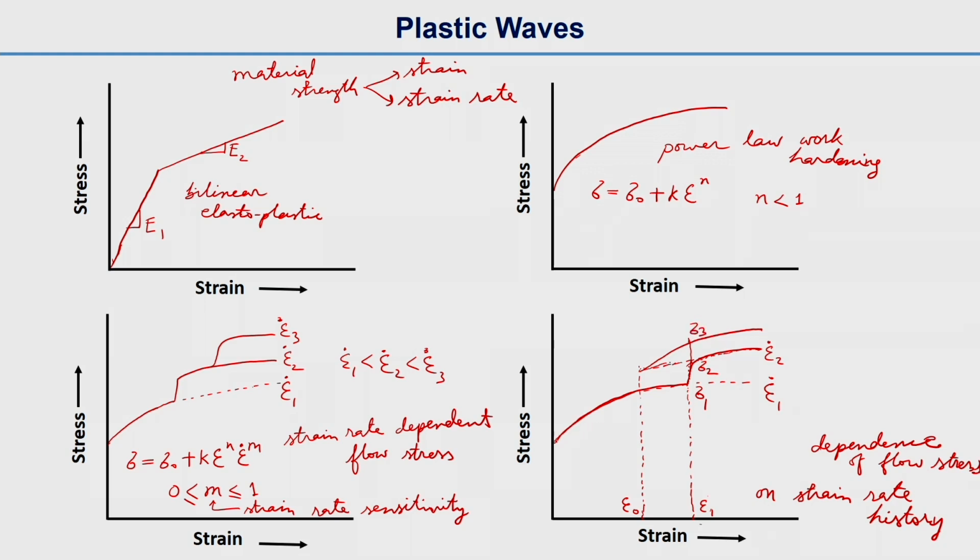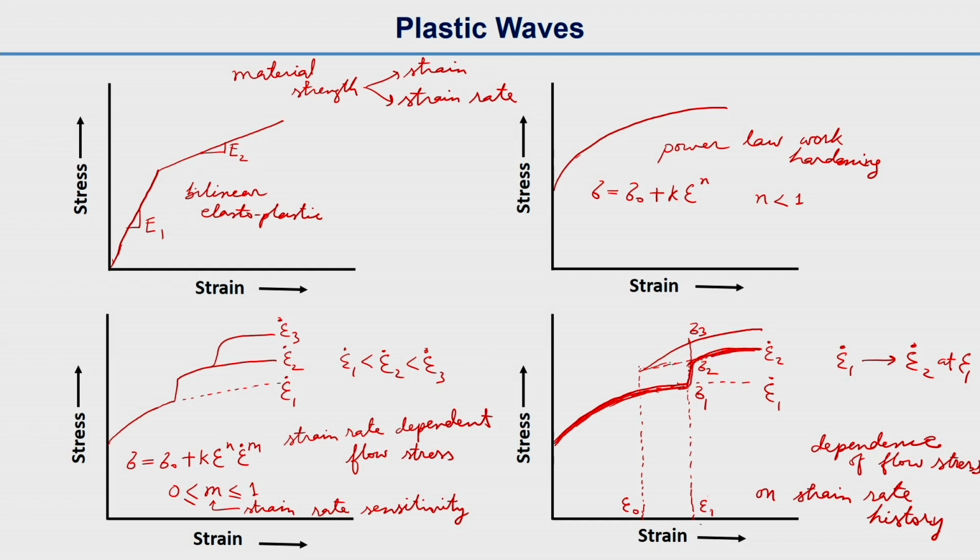So, what we did first is, we have the stress strain curve, and at strain epsilon 1 we increase the strain rate from epsilon dot 1 to epsilon dot 2, and then we got this curve.